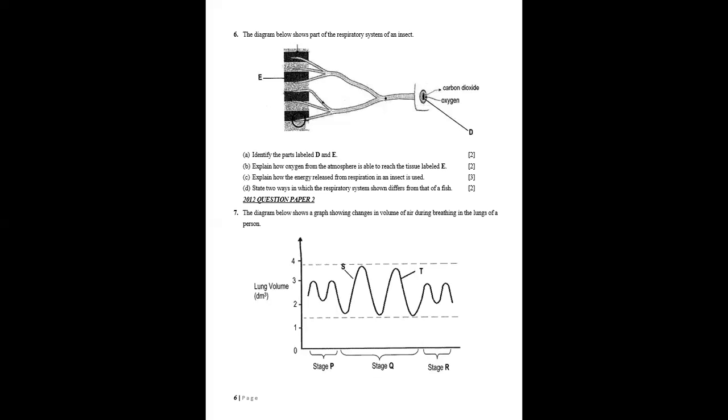Then we go to D. State two ways in which the respiratory system shown differs from that of a fish. Air enters the insect through spiracles, while in fish it enters through gills. In insects, gaseous exchange occurs across the walls of the trachea, while in fish, gaseous exchange occurs across the surfaces of the gills. All right.